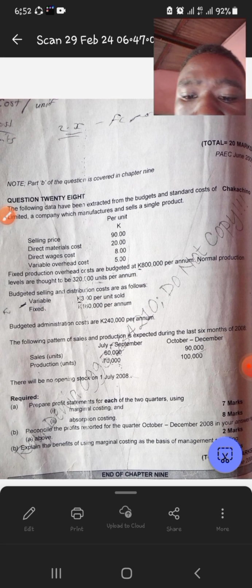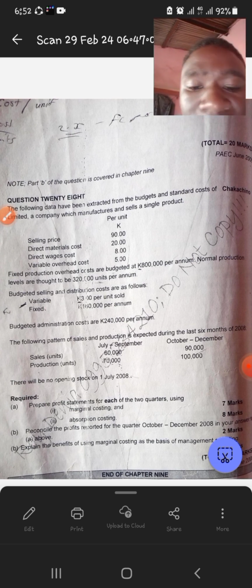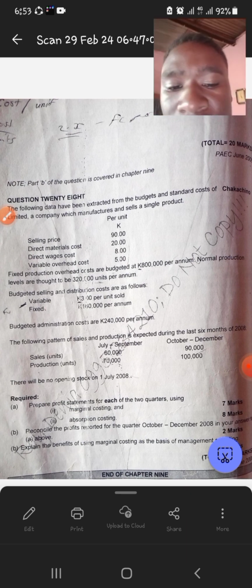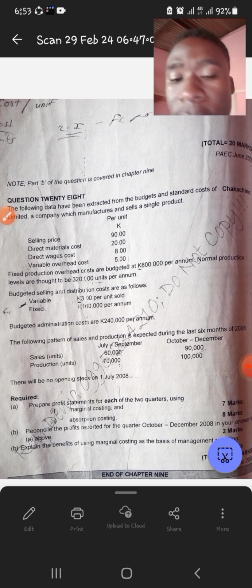And the following patterns of sales and production are expected during the last 6 months. Sales units: 60,000 from July to September, and from October to December, 90,000.